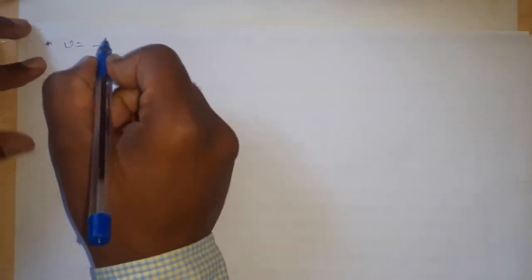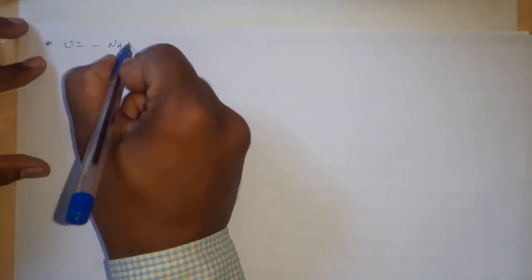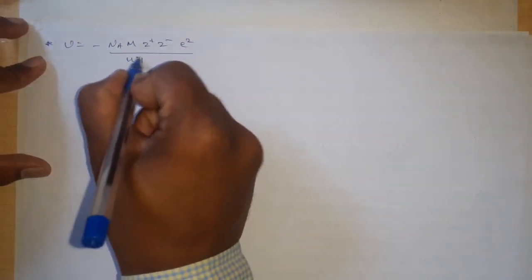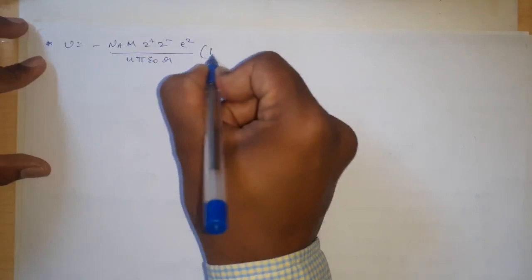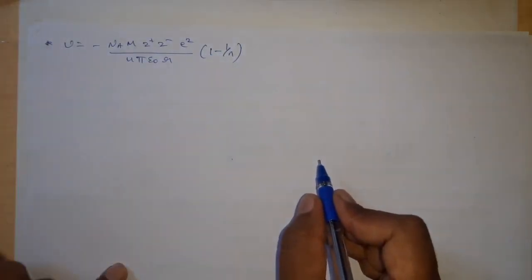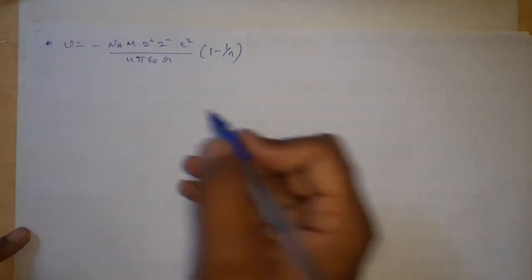Now by using this formula we can calculate and correlate the experimentally determined value and the calculated value for NaCl. We have the formula U is equal to Na M Z plus Z minus E square divided by 4 pi epsilon naught R into 1 minus 1 by N. By using this we have to calculate the lattice energy of NaCl.